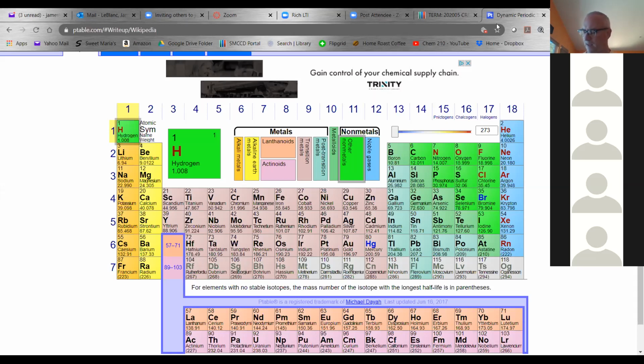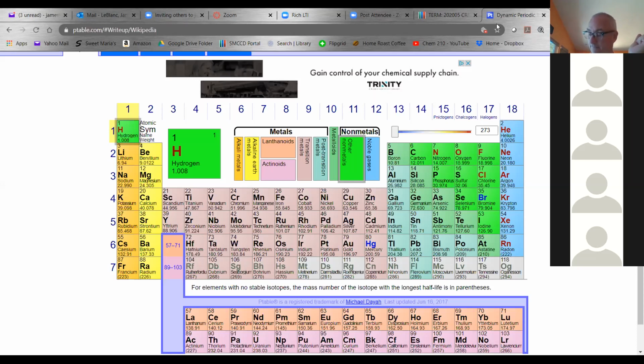So for the second one, we have 18 electrons and 20 neutrons, and it's neutral. If it's neutral and it has 18 electrons, what's its atomic number? 18, yeah, it means it has 18 protons. If it has 18 protons, its atomic number is 18, and therefore it is what?